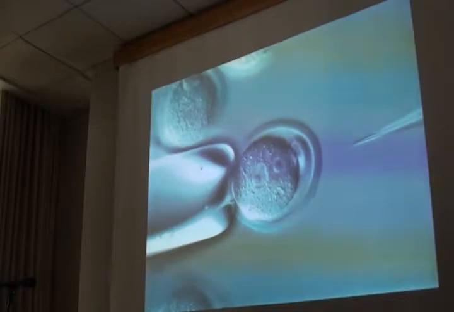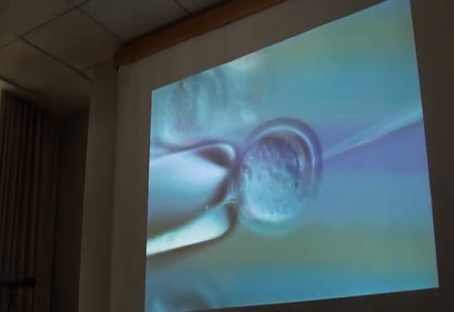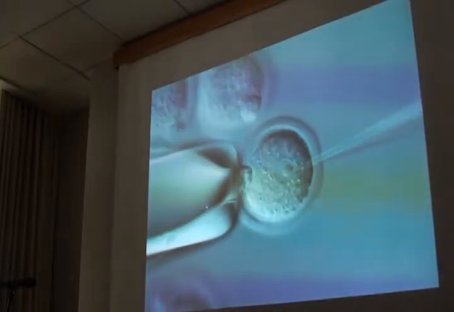This is our holding needle, and then this is our injection needle over here. And so then you put the needle into the pronucleus and inject a few nanoliters in there, which swells it about twice its size if you get the right amount into the pronucleus.